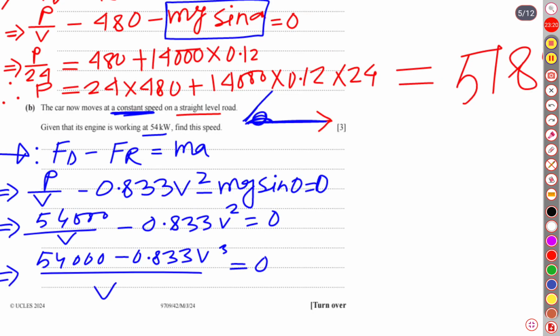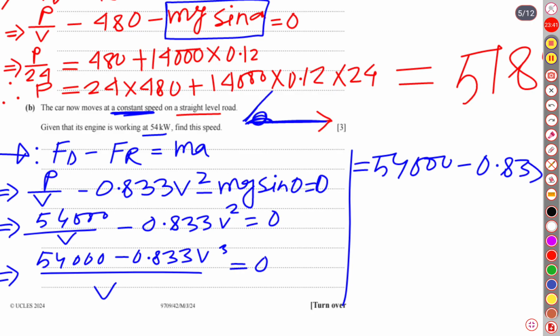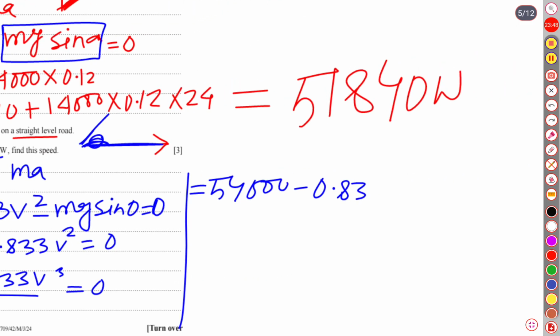Hence we can find our v. If we isolate v and make v the subject, it is going to be 54,000 minus 0.833 v cubed equal to 0.